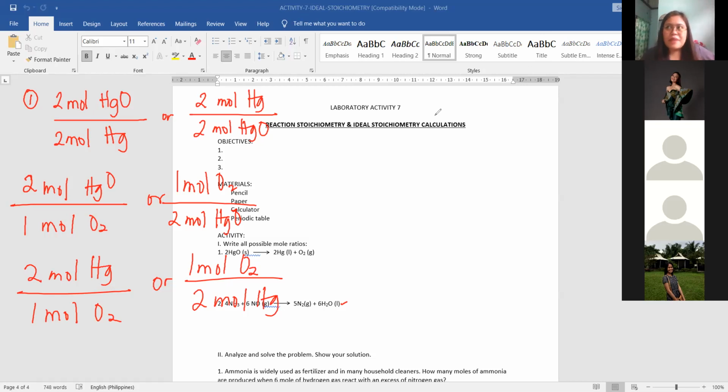So this is very important to know kasi when we do stoichiometric calculations, 'di ba? Included sa ating pattern yung ating mole ratio. So to convert moles to moles or moles to grams, you need the mole ratio. Okay, so that is for number 1.